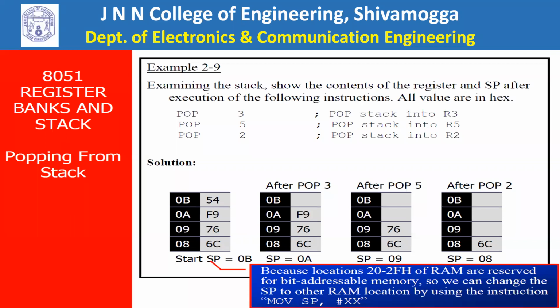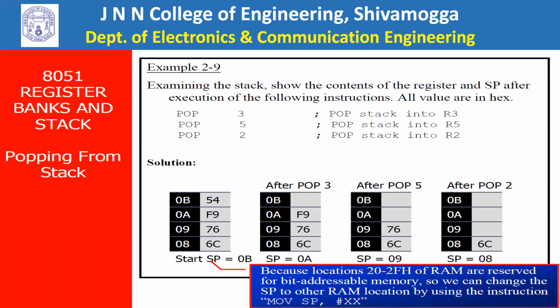So now, in this example, at present the stack pointer is pointing to 0B. When you write pop 3, what happens? The top of the stack is 54. That 54 is popped into register R3. When you write pop 5, F9 is copied into register R5. When you write pop 2, 76 is copied into register R2.